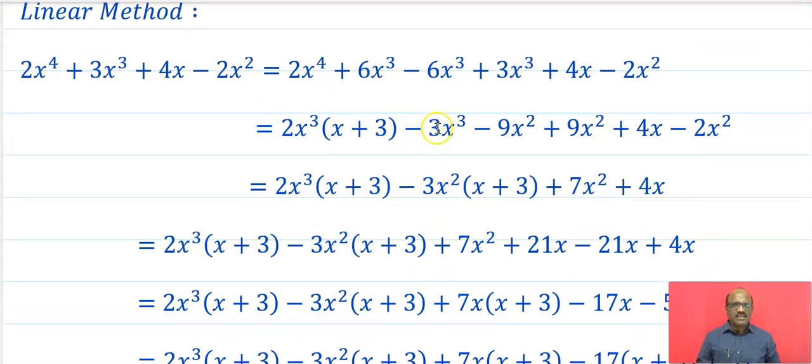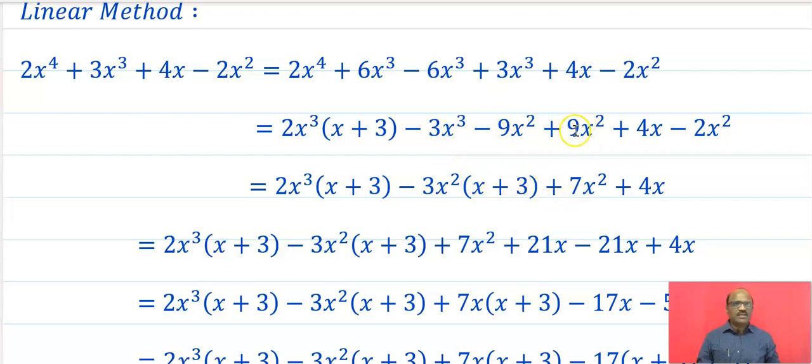Now here is minus 3x square. Again I will take common minus 3x square. Now what should be here? Here must be the term 3. Therefore, I had written here the minus 9x square adjusted here. From these two, I had taken the common minus 3x square in bracket x plus 3.